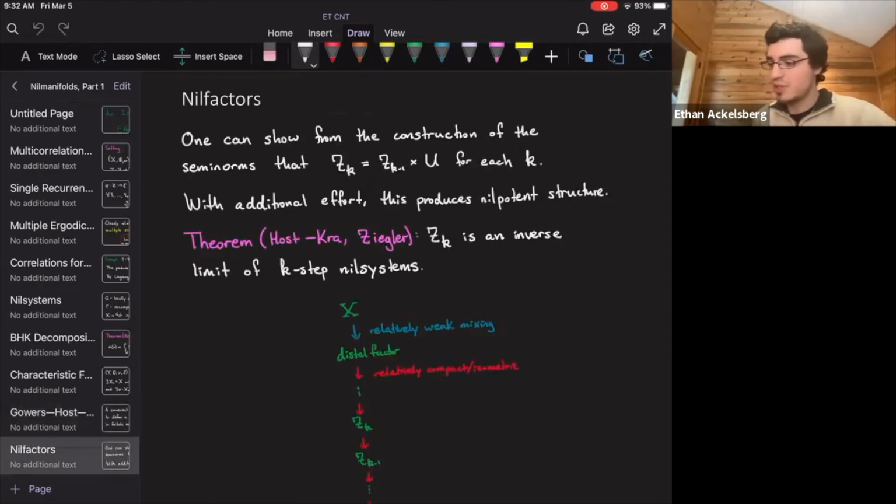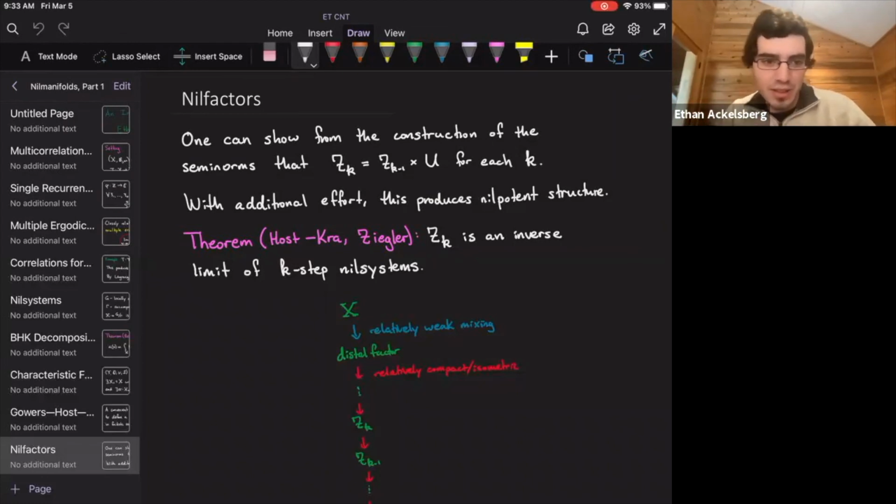Okay, and the last result that I'll end with for today is that Zk actually has nilpotent structure. It's something that's not terrible to show. There's still plenty of work that goes into this, but because of the relatively independent joining structure that we had on the seminorms, you can show that the Zk factor is a skew product extension of the k-1 factor. And then with additional effort, maybe a lot of additional effort, you can get from this some nilpotent structure.